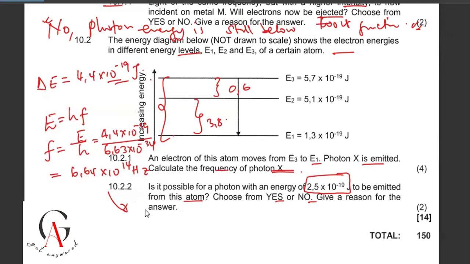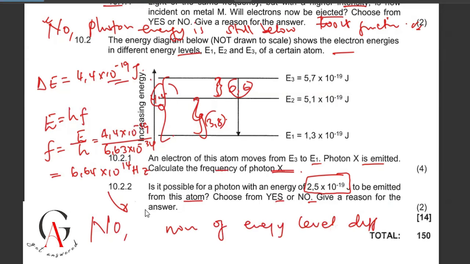Remember, energy can only be released if we move from one energy level to another. So the difference from E3 to E2 is 0.6. This one is 3.8. And then this other side, we got 4.4. So my answer is going to be a no, because none of the energy level differences gives a 2.5. So photons cannot be emitted.